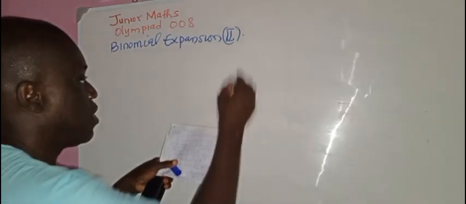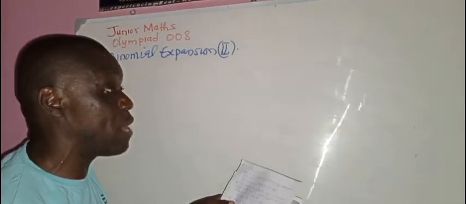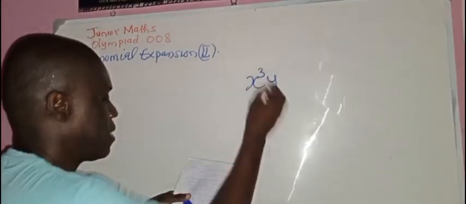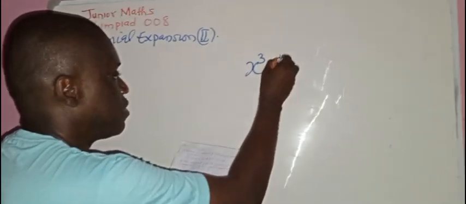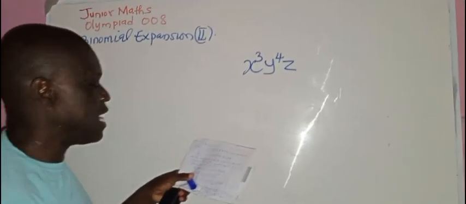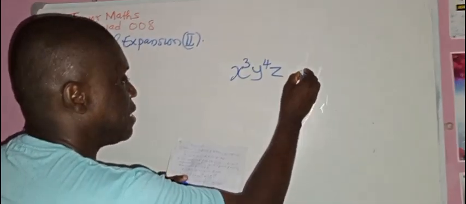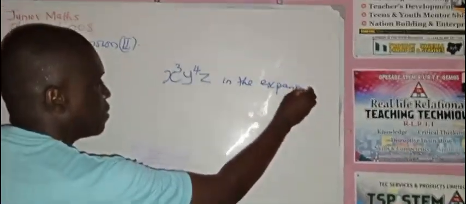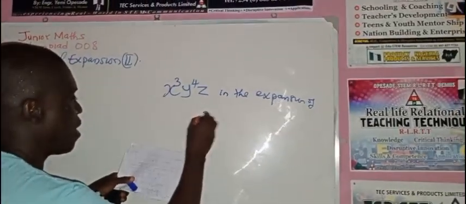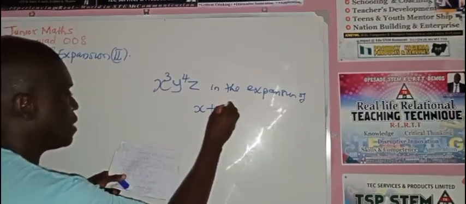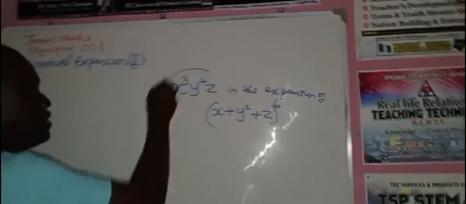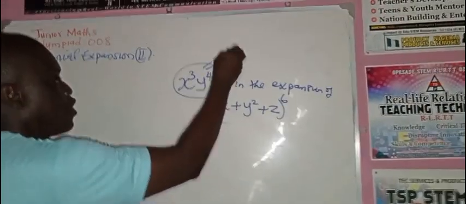Determine the coefficient of x raised to the power 3, y raised to the power 4, z, in the expansion of (x plus y squared plus z) raised to the power 6. We are looking for the coefficient of this.